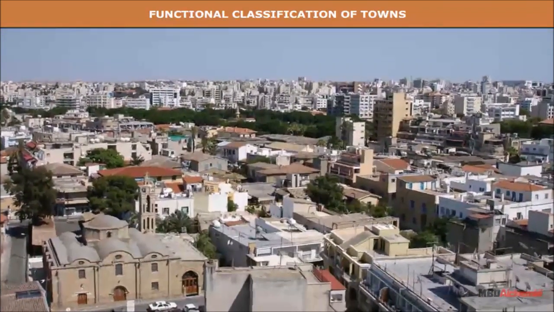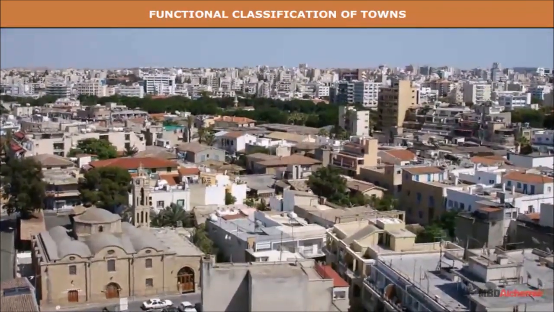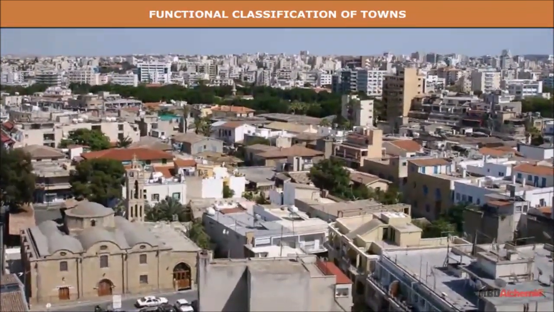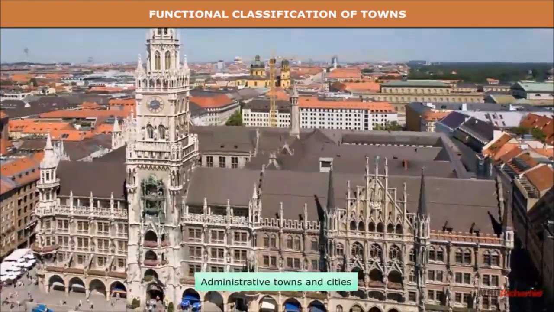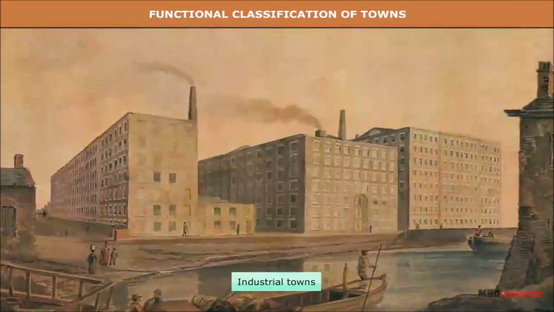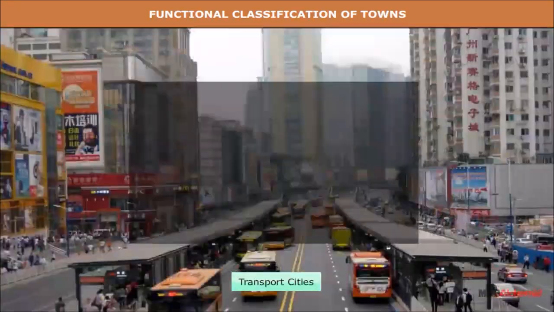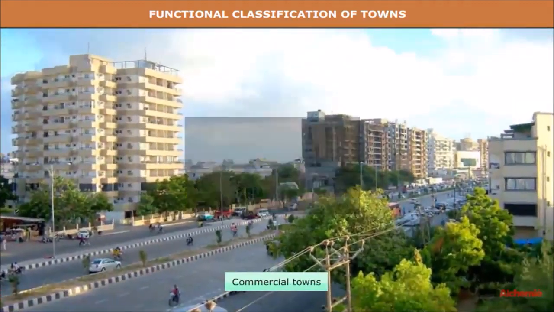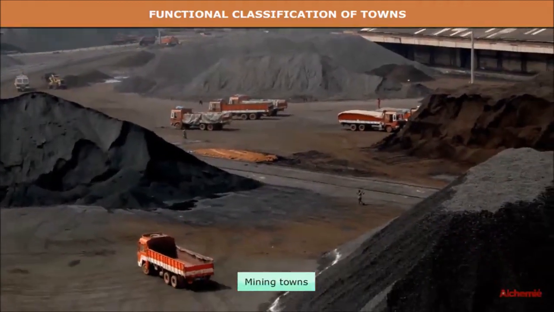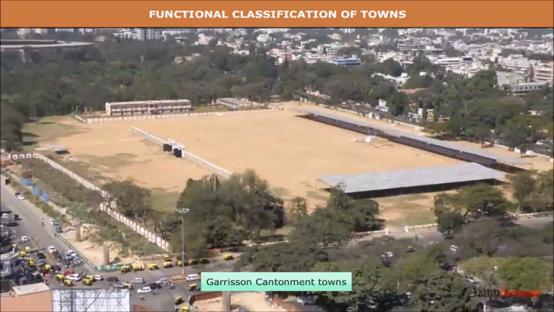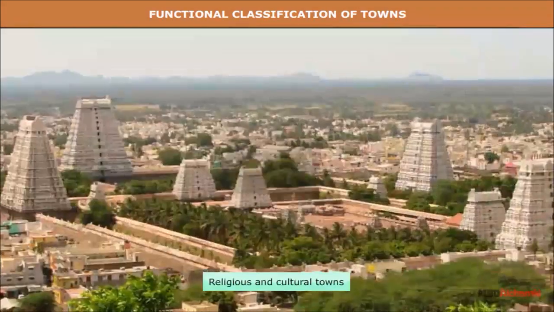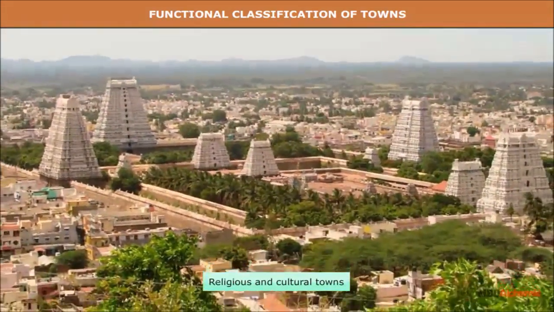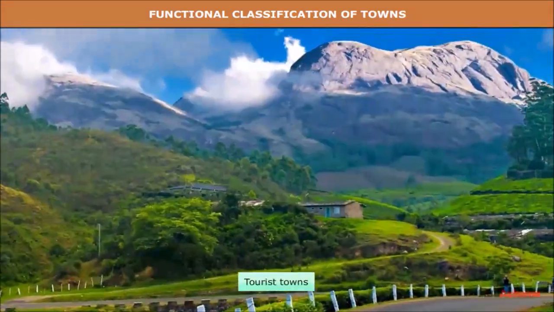On the basis of dominant or specialized functions, Indian cities and towns can be broadly classified as follows: administrative towns and cities, industrial towns, transport cities, commercial towns, mining towns, garrison cantonment towns, educational towns, religious and cultural towns, and tourist towns.